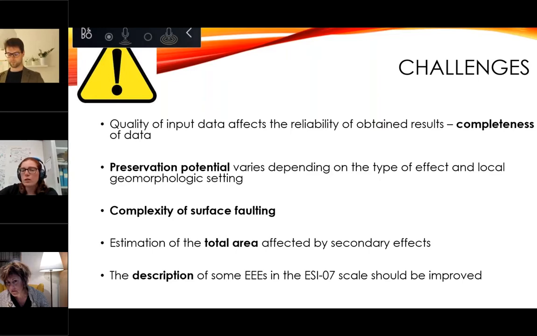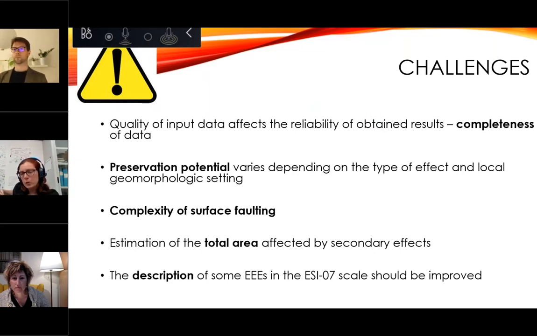Another point is that the estimation of the total area affected by secondary effects can be made using different methodological approaches, and I think there is still not a single approach. So results may be affected by methodological choices.